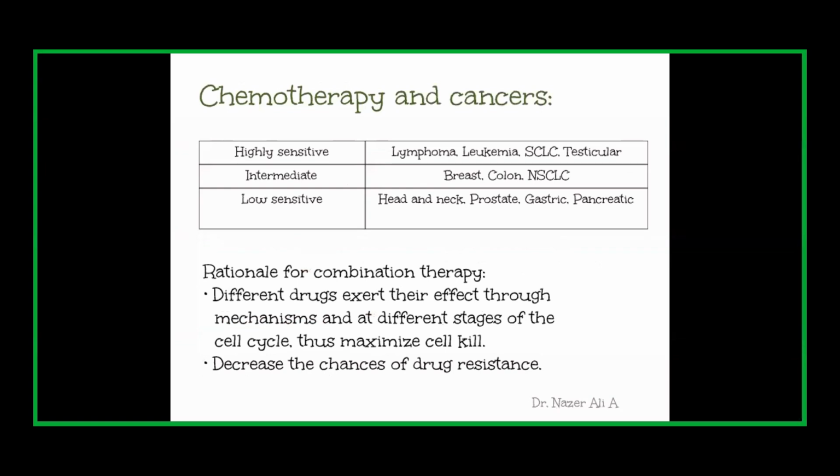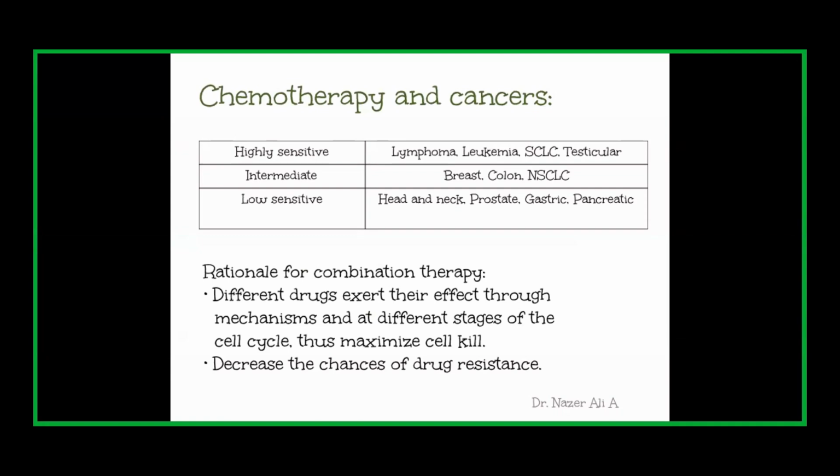Regarding sensitivity, certain cancers are highly sensitive to chemotherapeutic agents: lymphomas, including Hodgkin's, non-Hodgkin's and Burkitt's lymphoma, various leukemias such as acute lymphoblastic and chronic myeloid leukemia, small cell lung cancers and testicular cancers.